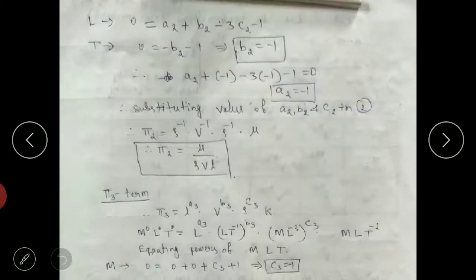So pi 1 is taken as a function of the pi 2 and pi 3 terms. On simplification, we get the final equation. So this is how we solve problems on Buckingham's pi theorem. I hope it is clear.